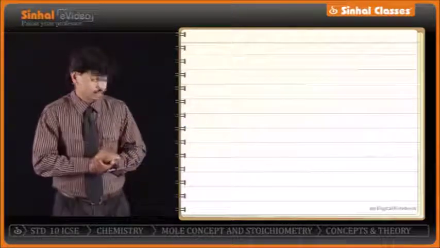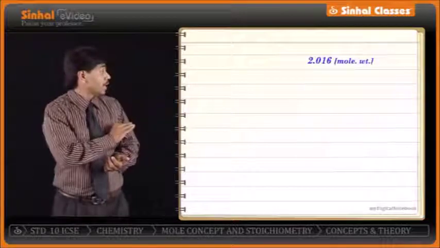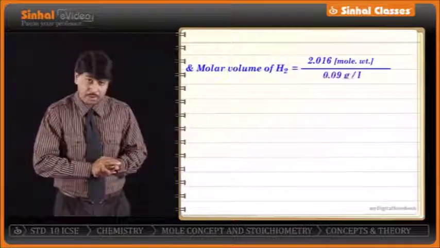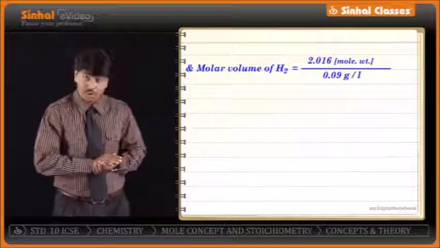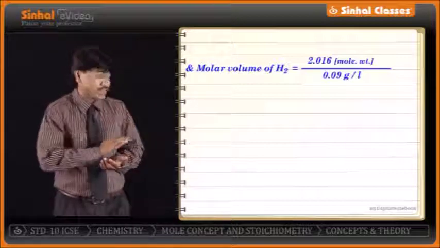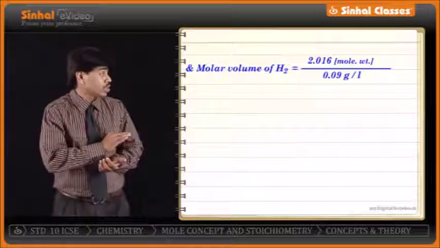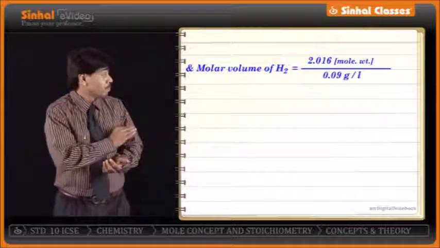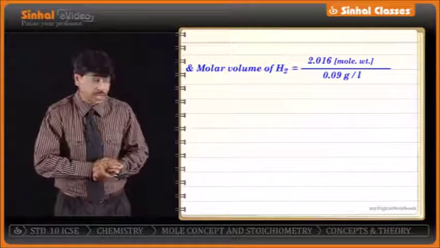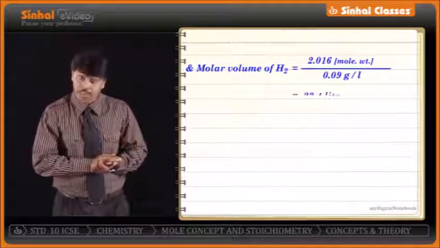That will give me molar volume. Whereas molar volume of hydrogen will be 2.016, that is molecular weight, divided by 0.09 grams per liter. And in both the cases, the answer comes out to be 22.4 liters.